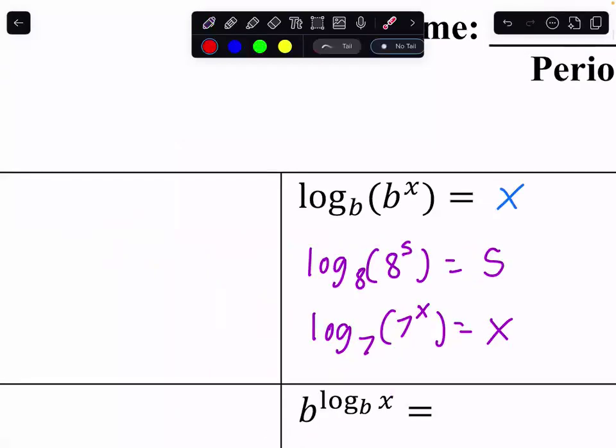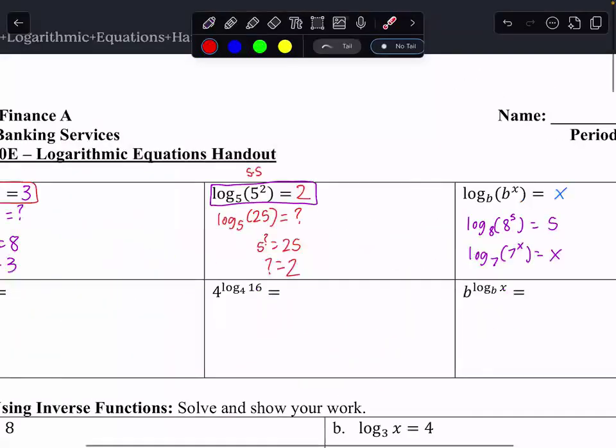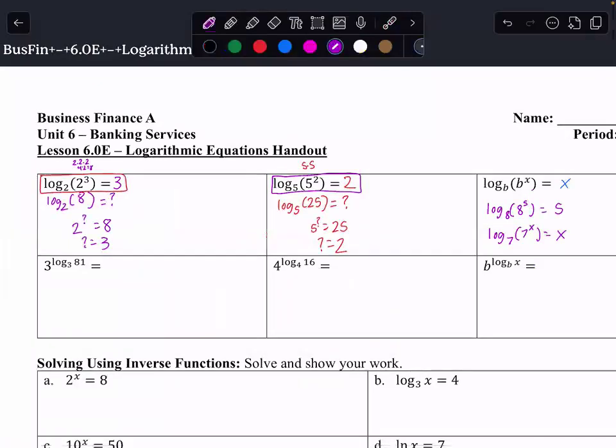We'll be using this property a lot today: if the base of the logarithm matches the base of the argument, that whole part cancels out.